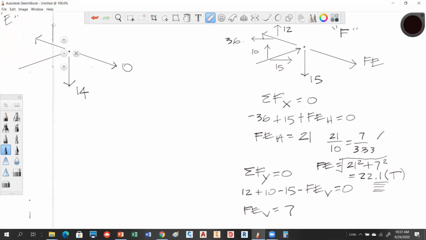We got one going this way and one going this way, correct? I got those right this time. So if we look over here, vertical is 7 and the horizontal was 21, right?